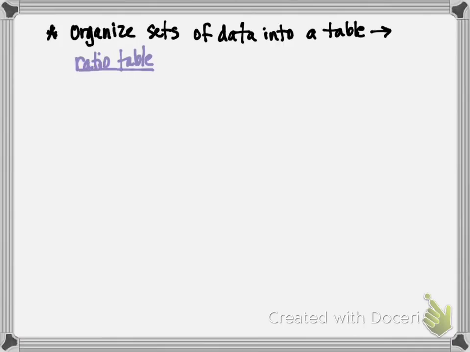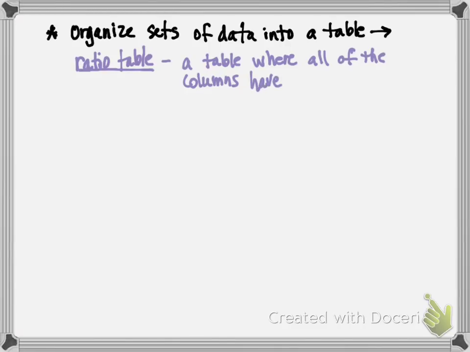What's going to be interesting about this ratio table is that all of the ratios in the table have exactly the same value when you simplify them. So a ratio table is simply a table where all of the columns have the same ratio. Now, again, they may not look like it, but when you simplify them, they all reduce to the exact same ratio.